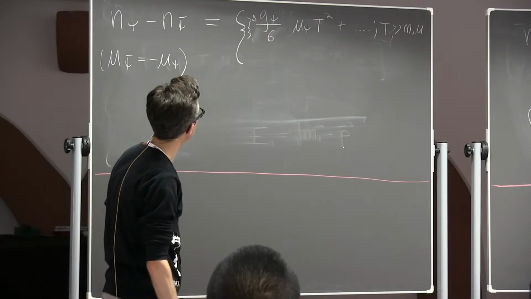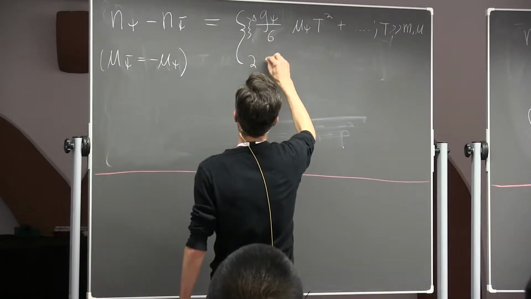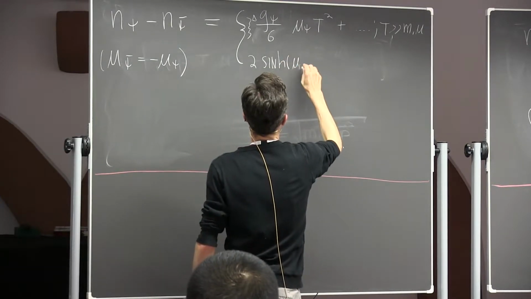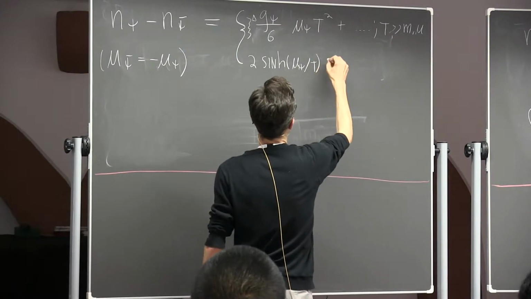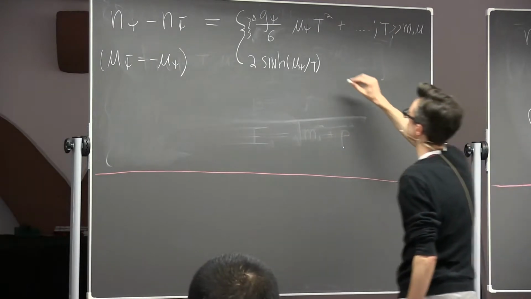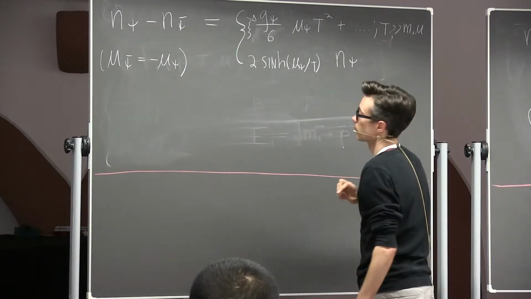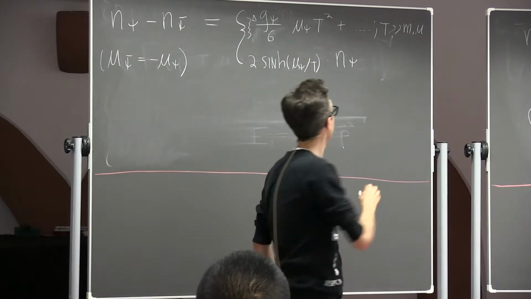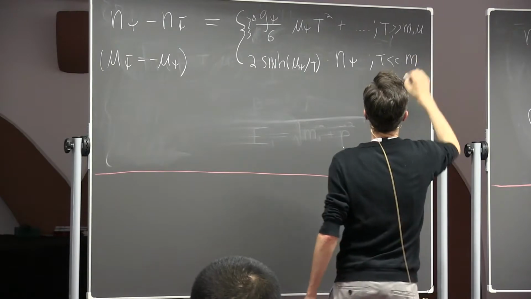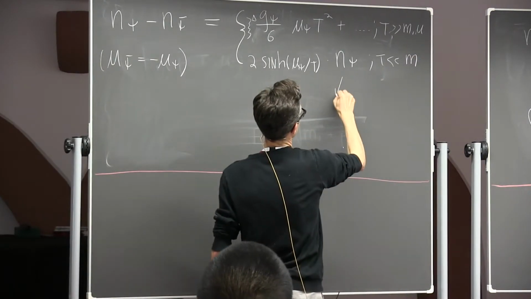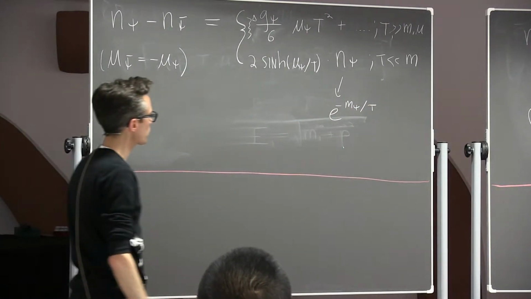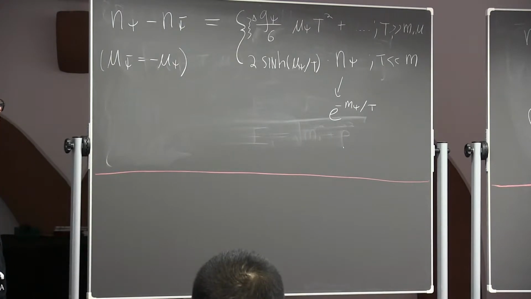On the other hand, in the opposite limit, the result for the number density is 2 hyperbolic cosine of mu psi over T, times what is essentially the number density of psi, which, if you recall, in this limit goes like e to the minus m psi over T. So these are my expressions for the asymmetry.